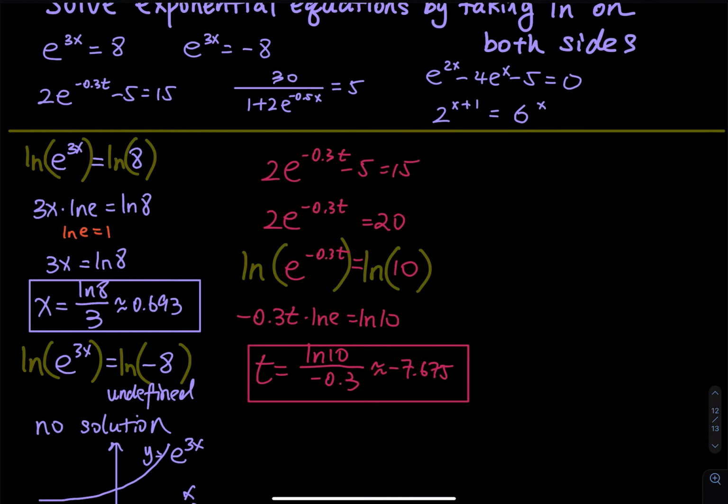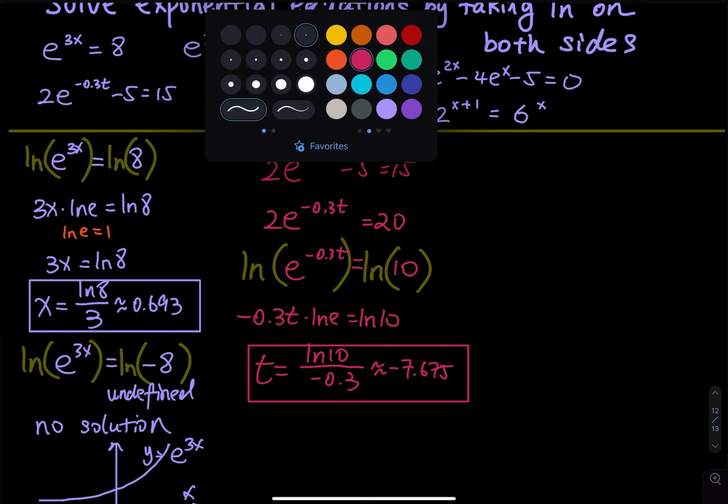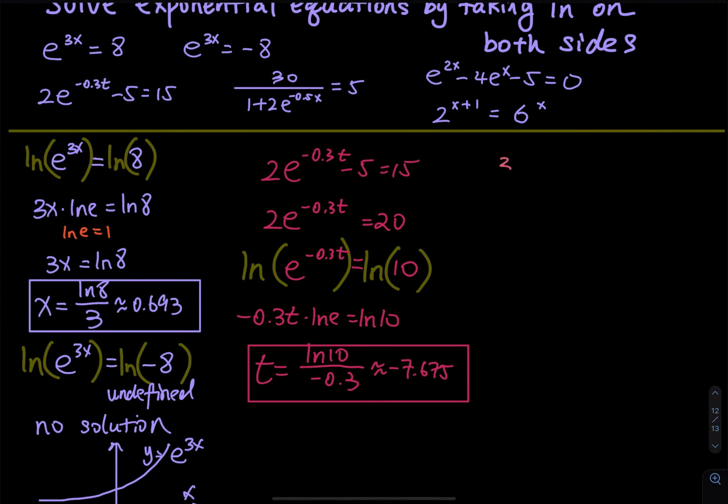Moving on to the next one, the fraction. Let's switch to a different color. We have 30 divided by 1 plus 2e to the -0.5x equals 5. I want to get out of the fraction by multiplying the denominator on both sides. So we have 30 equals 5 times the denominator, 2 times e raised to the -0.5x.